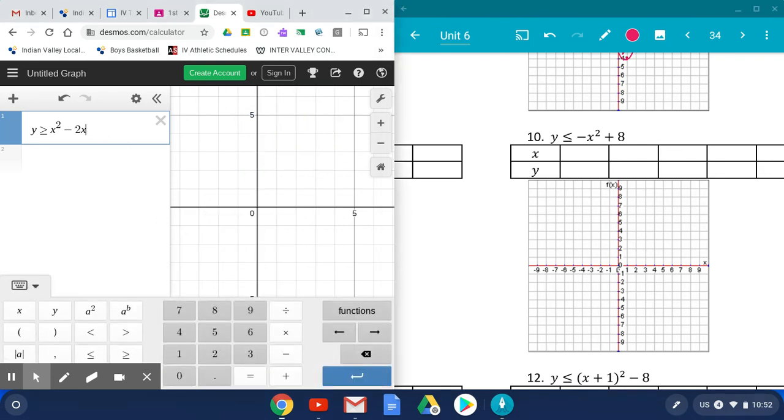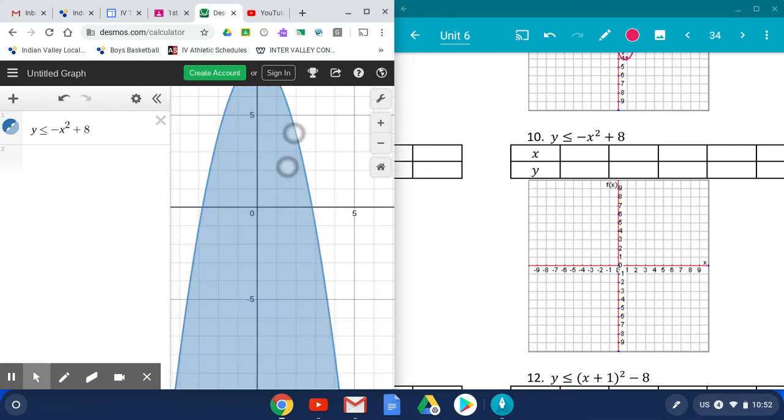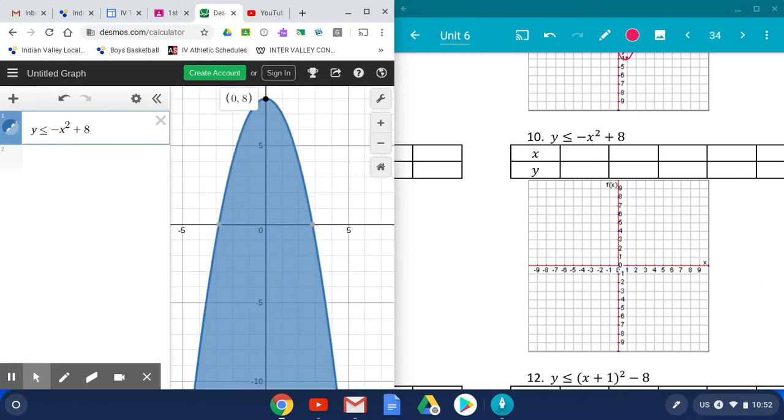Let's go on to number 10. We've got less than or equal to negative x squared plus 8. Simple. You can see I got 0, 8. I can see that lattice point there and on the other side. Good.